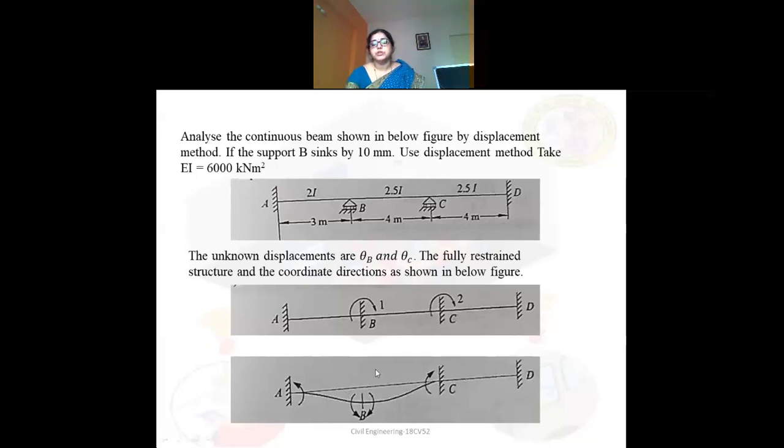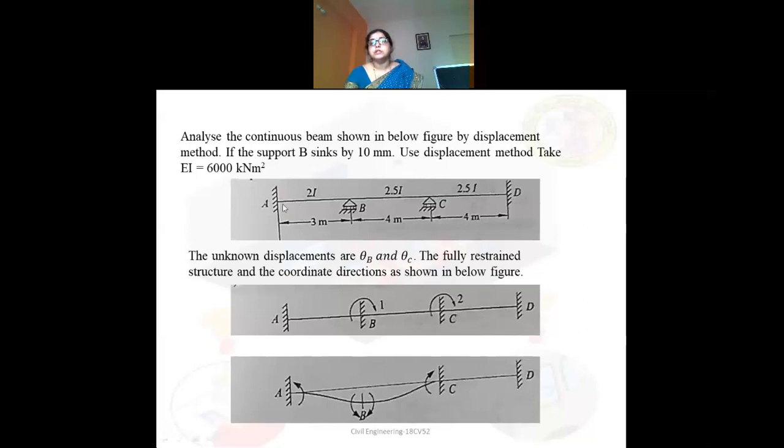In the slope deflection equation, we use, as you all remember, MFAB plus 2EI by L into 2 theta A plus theta B minus 3 delta by L. Here sinking is given, 10 mm. Whenever sinking is given, minus 3 delta by L multiplied by 2EI by L gives minus 6 EI delta by L square.